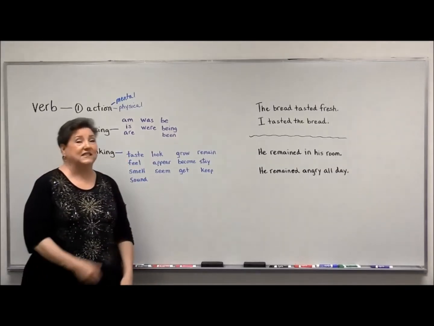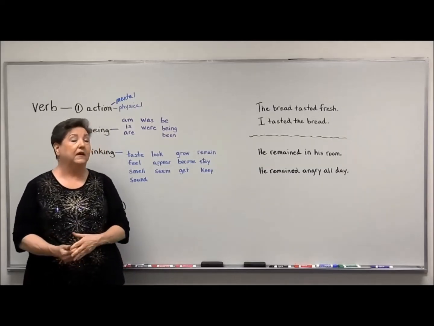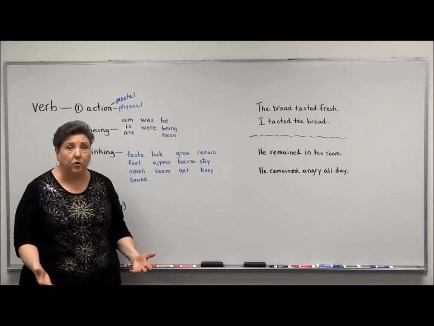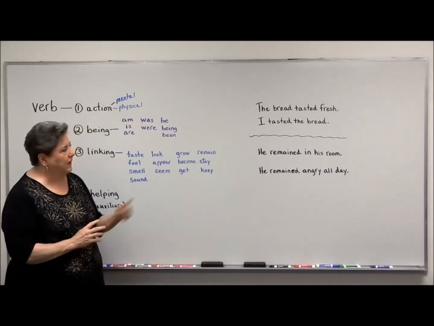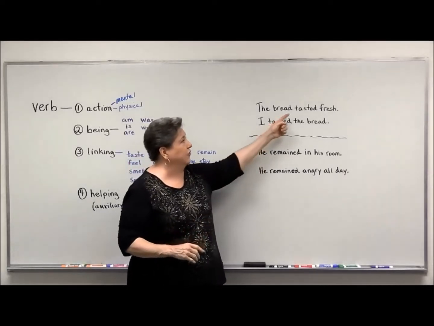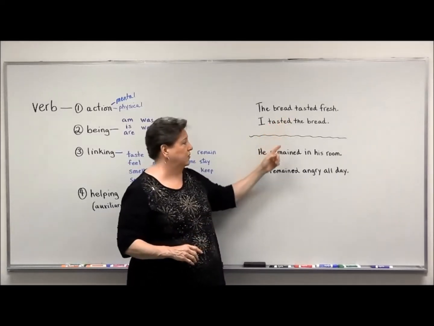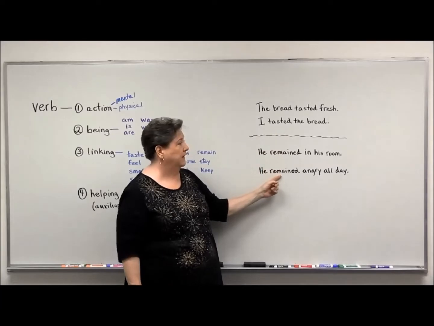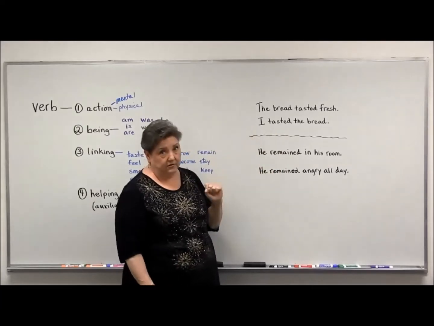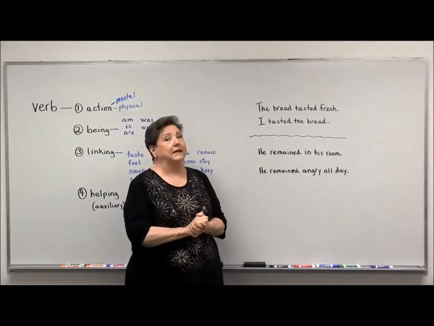Linking verbs. We call this list sometimes linking because sometimes they're action. How do I know which one? Well, let's look at these example sentences over here. I used the linking verb taste here, and I used the linking verb remain here. One of these sentences is action, and one is linking.